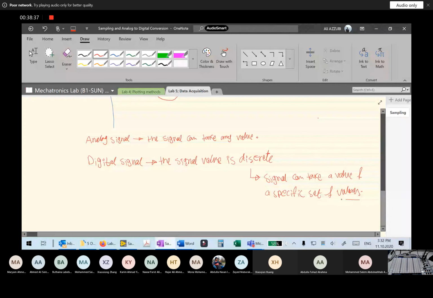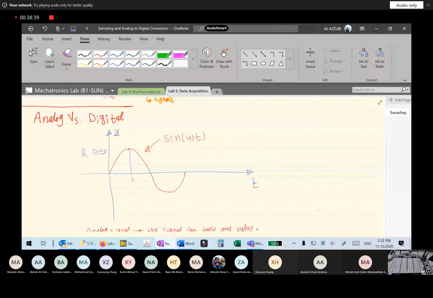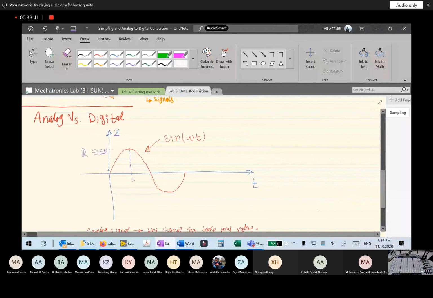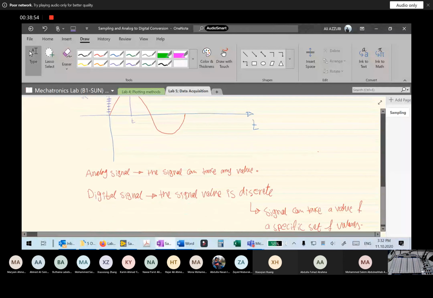If you are dealing with digital signals, you have only some set of possible values. These are the ticks I am marking now. The signal can take only one of these values. It cannot be anything between. So this is analog versus digital.